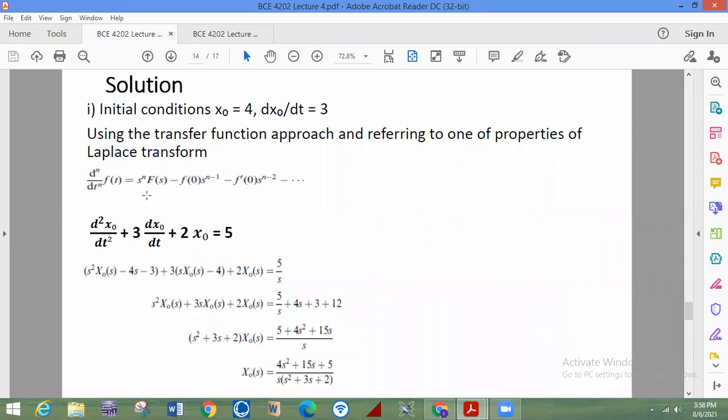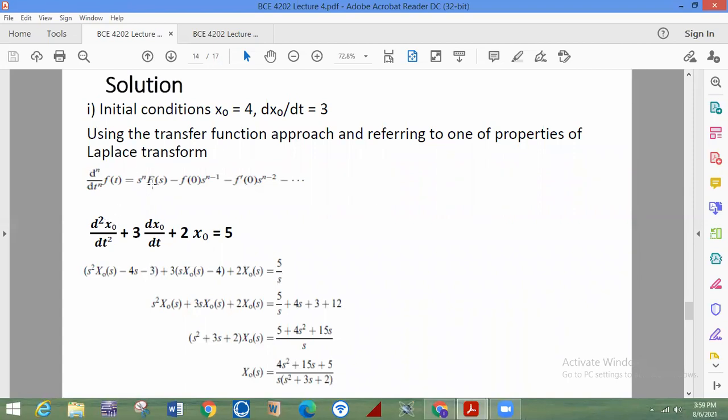This is the general form, but relating it to our differential equation, f of t will be x naught of t.